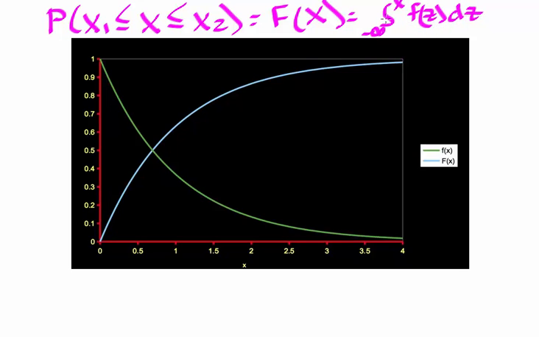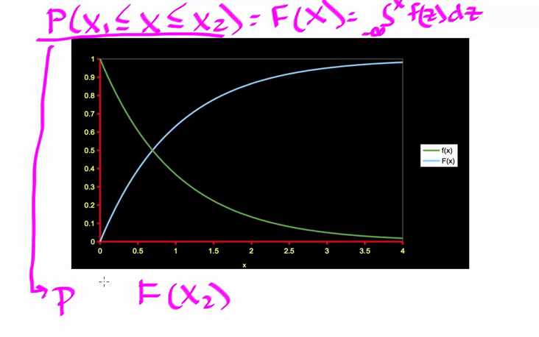So we can just put it in terms of F of x, since all of these terms are related, and say quite simply that the probability is equal to F of x2 minus F of x1, because we're trying to find the probability between x1 and x2.